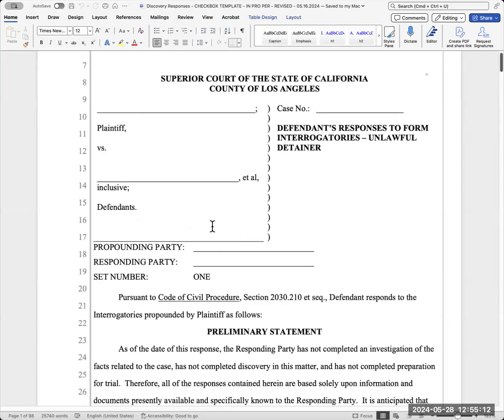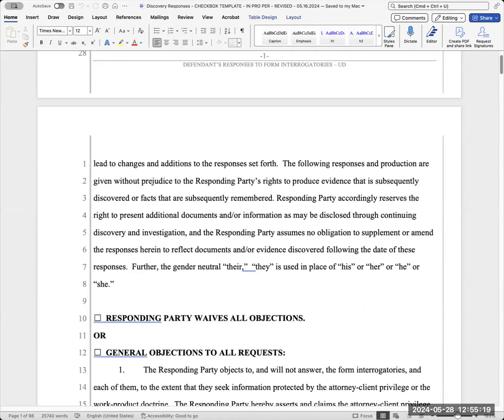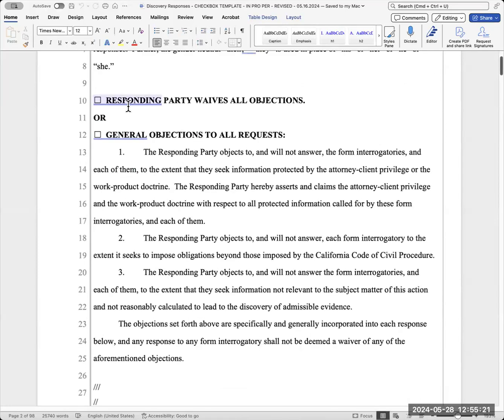Propounding party is the plaintiff. Responding party is the specific person answering. And then we go down here. If you're within the deadline, check general objections to all requests. Otherwise, if you're submitting your responses even just one day after the deadline, check here.